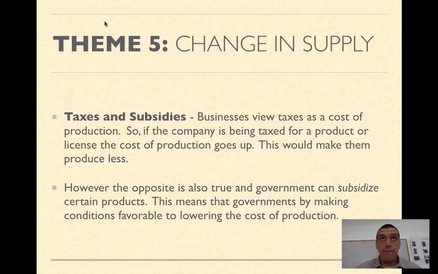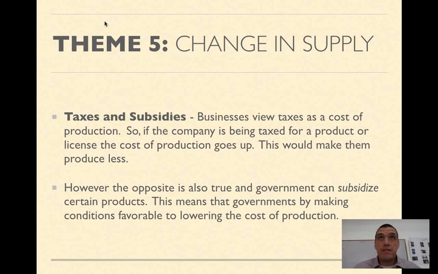So companies will go to cities or countries that give them tax breaks. This is why you sometimes see, for example, in the United States, huge companies in small towns. For example, maybe Nike will have a factory in a super small town out in the middle of nowhere in America.